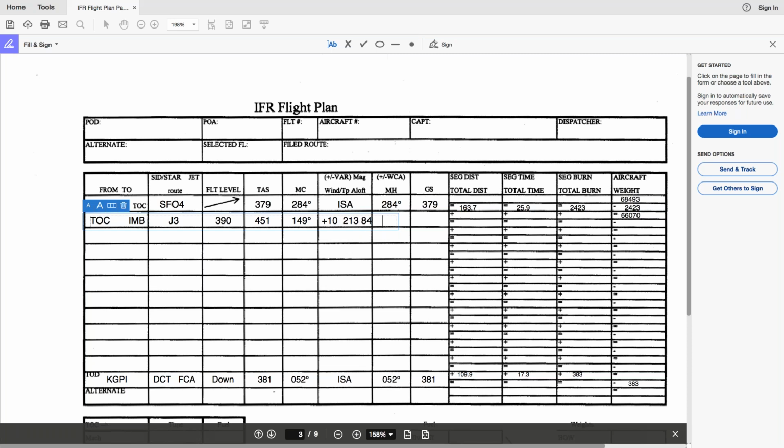Okay, now we're going to use our handy dandy E6B. Our true course, the first number that we put in is that 149 degrees. The next number is the true airspeed of 451 knots. Our wind direction is 213, and the wind speed is 84 knots.